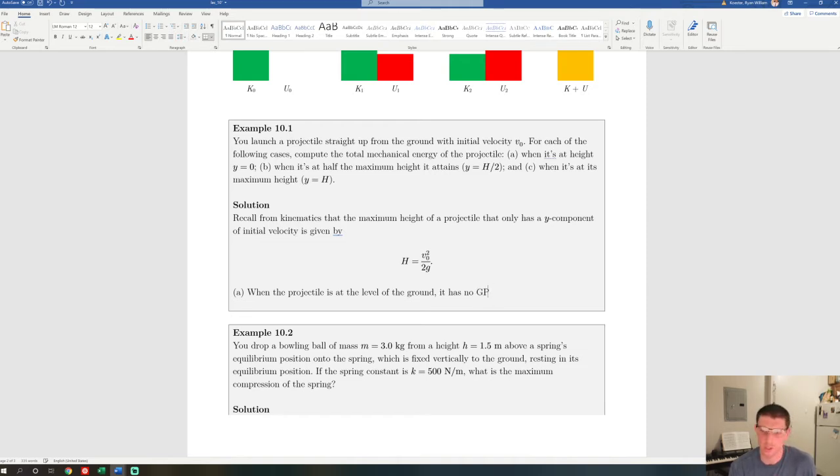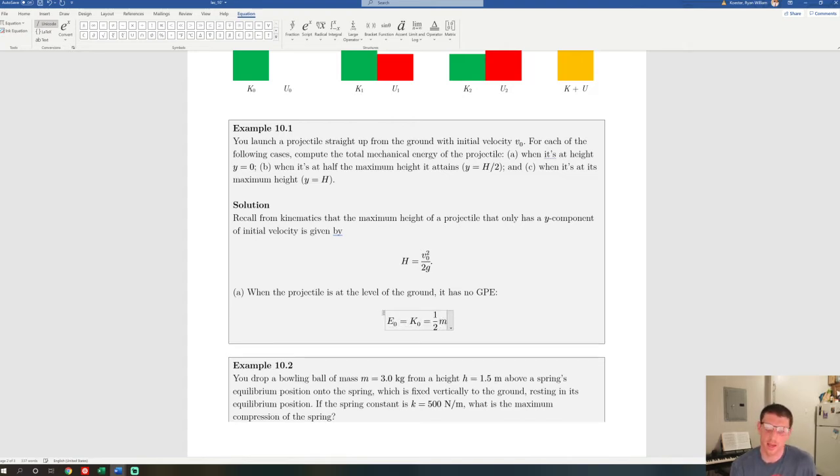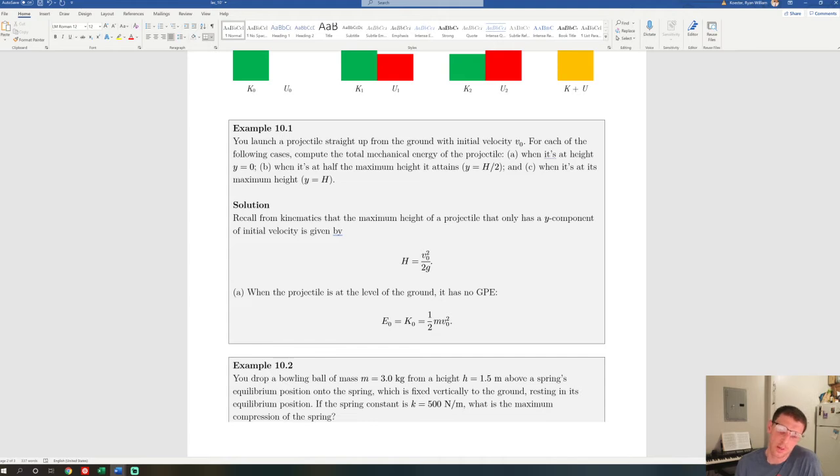So we can write that the initial mechanical energy of the projectile is just its initial kinetic energy, which is 1/2 m v naught squared. That's all we can really do as of now, but we'll see that this result for part A is important for what's to come.